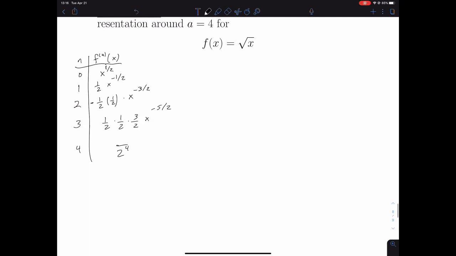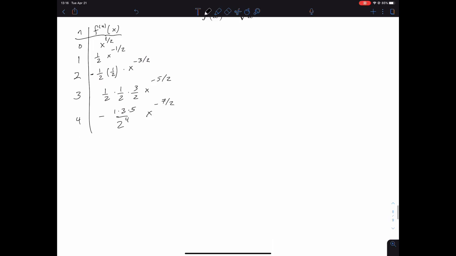The other thing is I know it'll be negative, and then the top will be 1 times 3 times 5. And I dropped the first one because I don't think it matters. To be honest, the second one doesn't really matter either, but we'll worry about it depending on how you feel about things. The next one, it'll be positive again. Then I'll have 1 times 3 times 5 times 7 over 2 to the 5th.